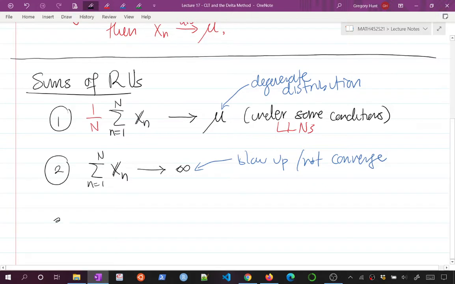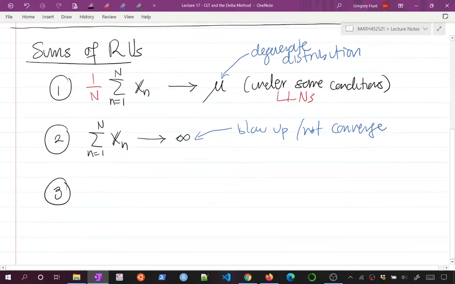And so the question is, is there something in between? Can I get something that doesn't blow up with, say, no normalization, but is there some form of normalization that will get it to collapse to a non-degenerate distribution?